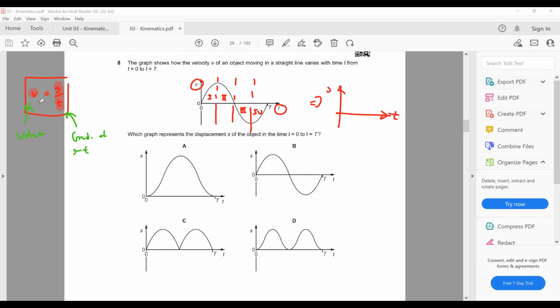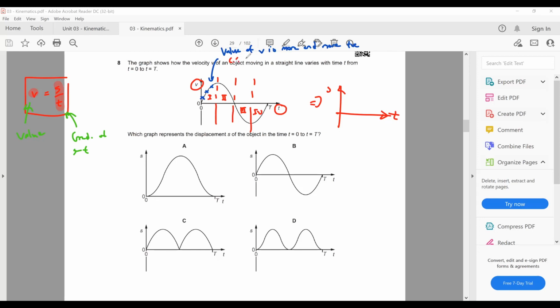Here you see that the value of your velocity will give you the gradient of your st graph. So in my case here, if I want to describe the value of the velocity, maybe it's better if I use dots. From here to here to here, I can say that the value of v is becoming more and more positive.